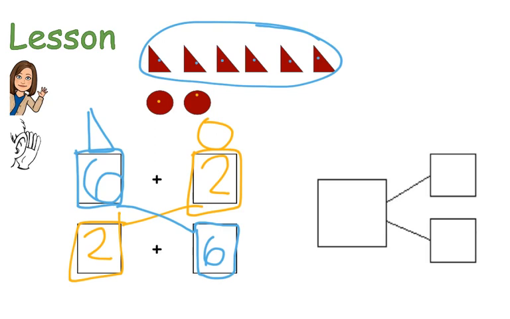All right, now I'm going to fill in my number bond. Okay. So what number am I going to write in first in my number bond? Am I going to start with my parts or my total?